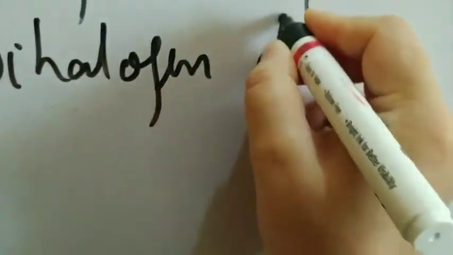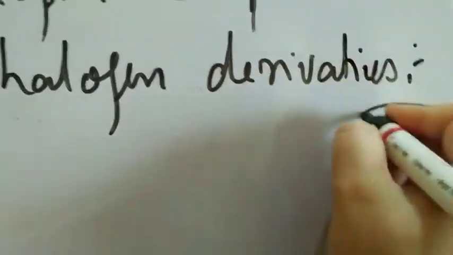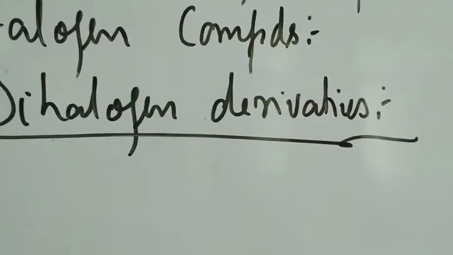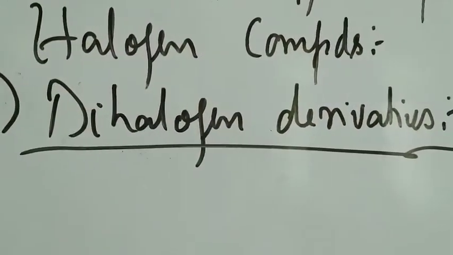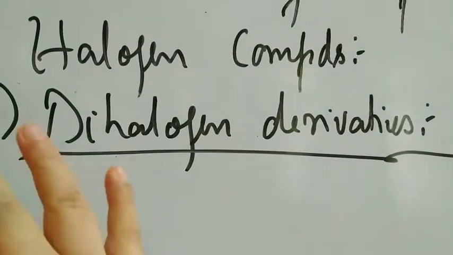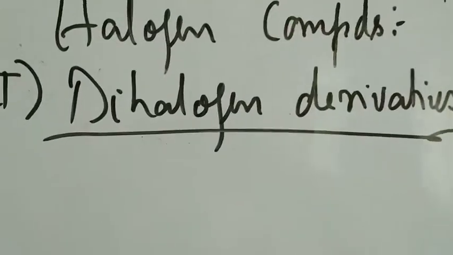What we have to pay more attention to is the second section, which will be the dihalogen derivatives. When you derive an aliphatic halogen compound from an aliphatic hydrocarbon by replacing two hydrogen atoms by two halogen atoms, the resulting class of compounds is known as the dihalogen derivatives.